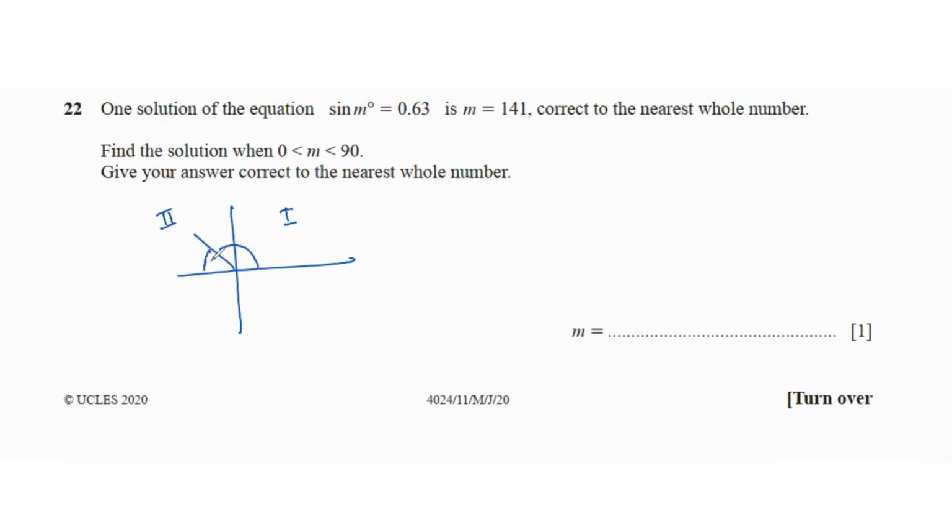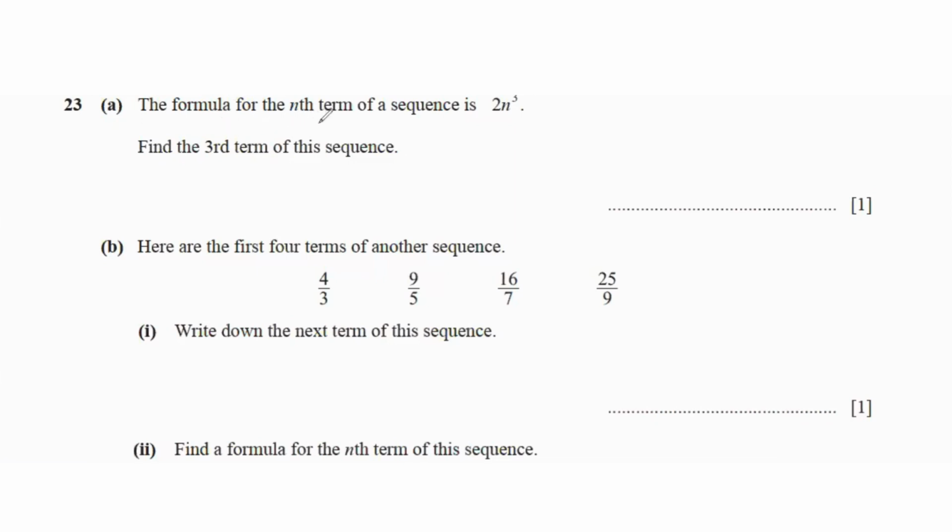So this angle is the other angle which they're asking for, which is between 0 and 90. So we do 180 minus 141, and that is 39. That is your answer.